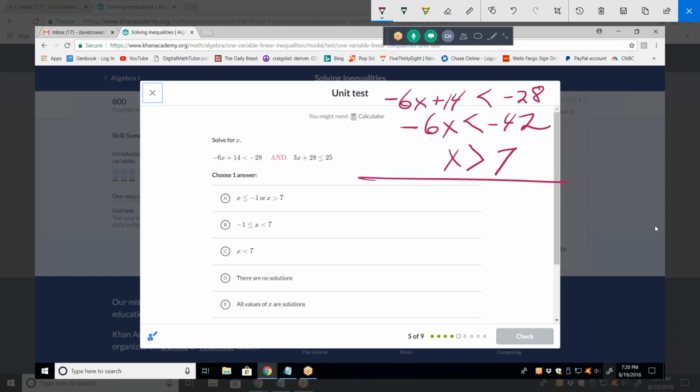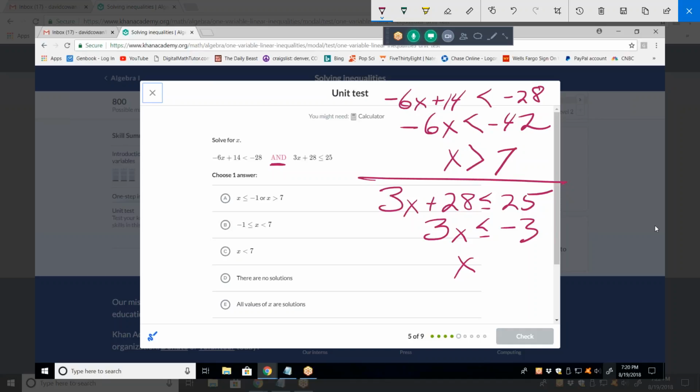Okay, let's solve the second one. Now, the difference here is there's an and, not an or. We're going to notice what that means, the difference between the two. Solve that. Okay. So 3x is less than or equal to negative 3.